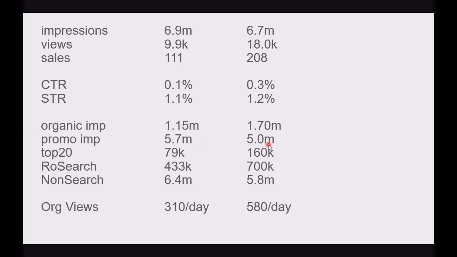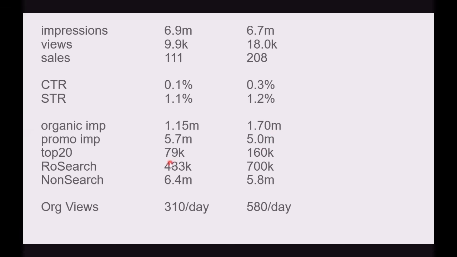Which means that I literally swapped promoted impressions for organic impressions, one-to-one. So eBay has taken 0.7 million promoted impressions from me, and gave me 0.55 million organic impressions. So almost one-to-one. Lose promoted, gain organic.